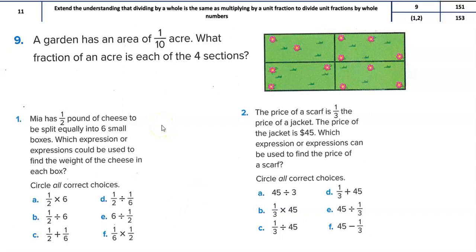نبدأ بحل الأسئلة إن شاء الله. Let us read question number 9. A garden has an area of 1/10 acre. هاي هي حديقة مساحتها كاملة 1/10 acre، يعني 1/10 من الدنم. ماشي.